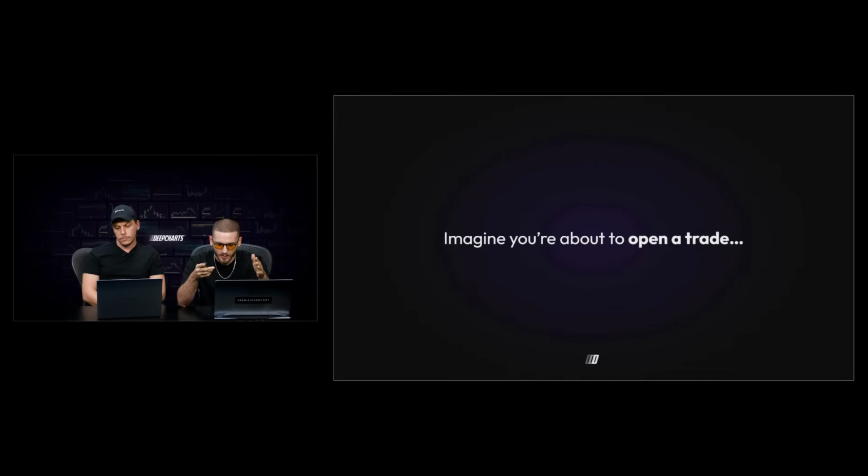Imagine you're about to open a trade, right? So you're there, you get on your computer, you do your analysis, price is in your zone, and you're about to click that buy button.